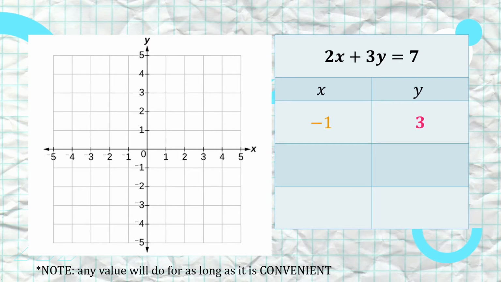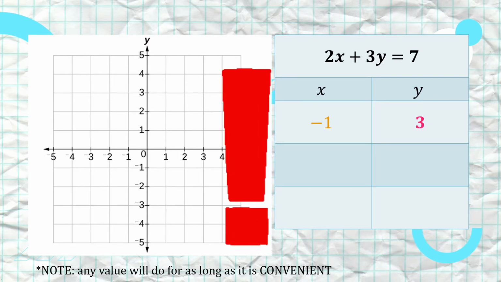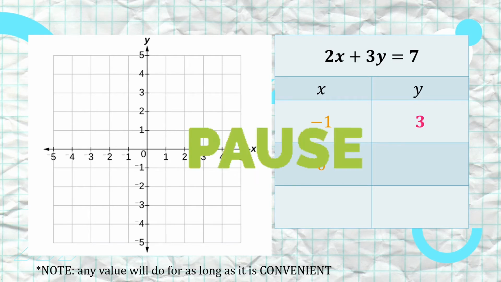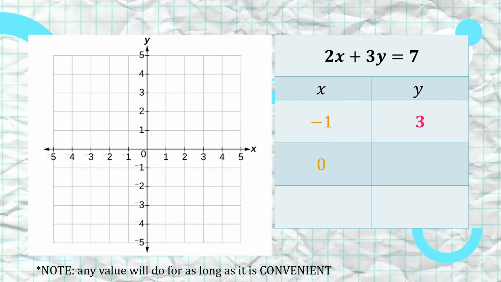Now let's try using another value. Ready? Let's use 0. If you want to work on solving for y on your own, you may pause the video, then press play once you have finished to check if your answer is correct. Let's solve for y.